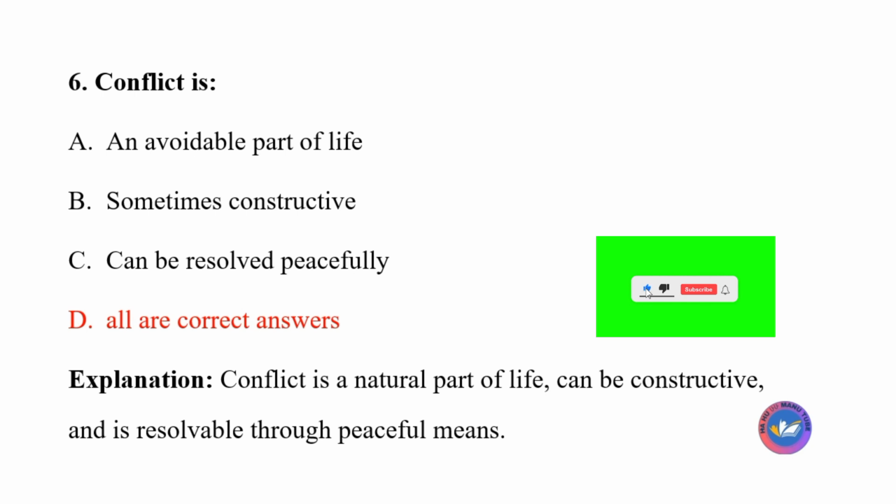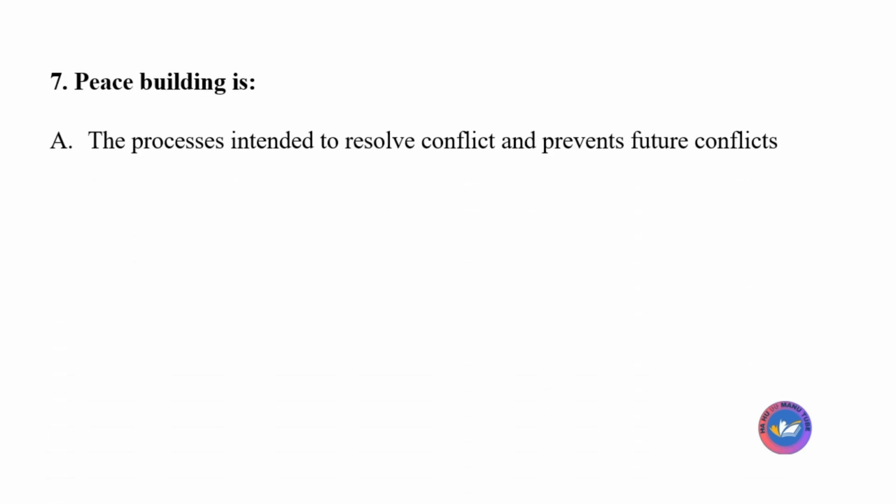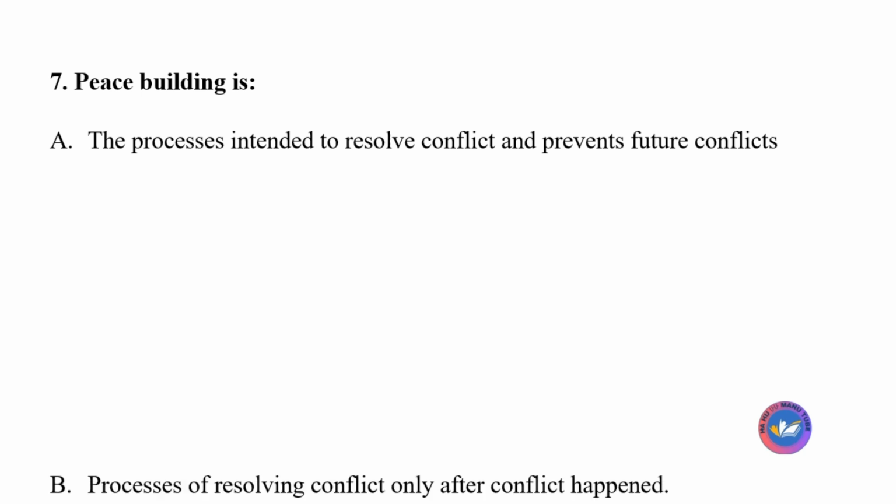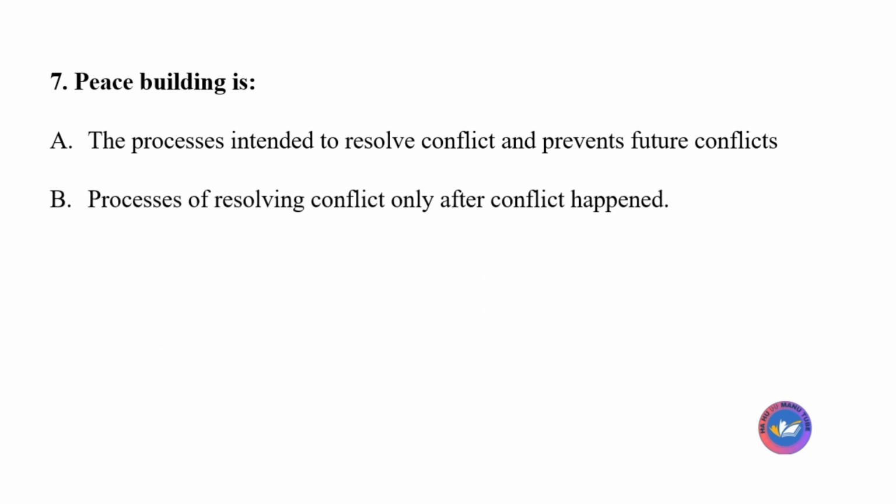Question number 7. Peace building is A. The process intended to resolve conflict and prevent future conflicts. B. Process of resolving conflict only after conflict happened. C. Involves only government institutions. D. All are correct answers.